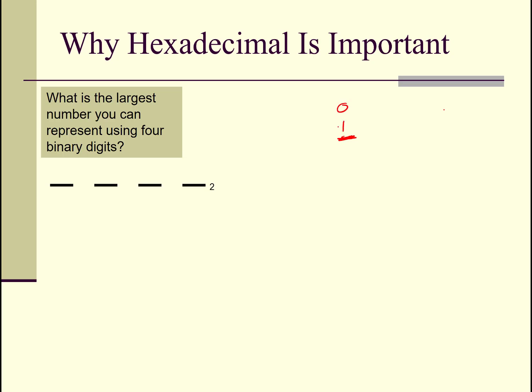So using only one digit, I can represent two entities, numbers, whatever. Okay, if I have two digits, I can represent in the following way: 00, 01, 10, 11. So maximum I can represent four entities or things, whatever.